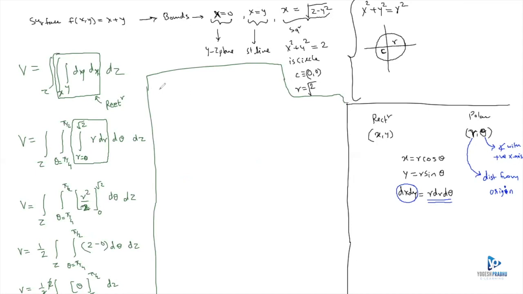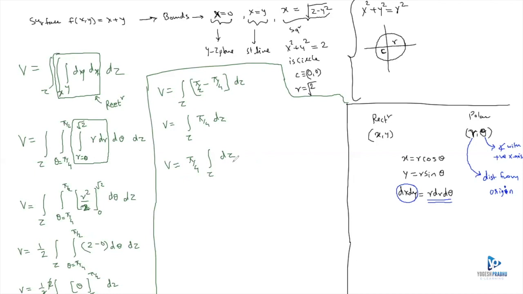V equals integral z, theta is pi over 2 minus pi over 4, dz. You can always tell me to slow down or speed up. Pi over 4 dz. V equals pi over 4 integral z dz.